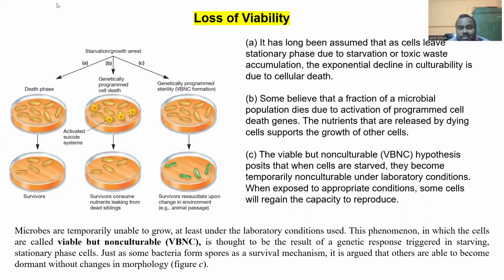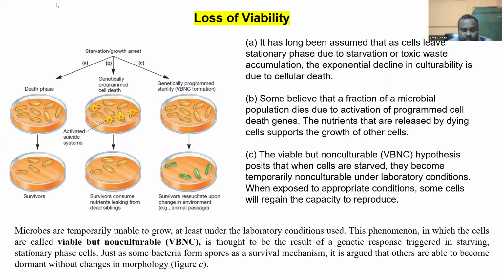We will discuss how this loss of viability actually occurs. There are some hypothetical theories behind it, and we can explain the loss of viability by these theories. Look at number one. If the bacteria are in the death phase, there will be some survivors present.